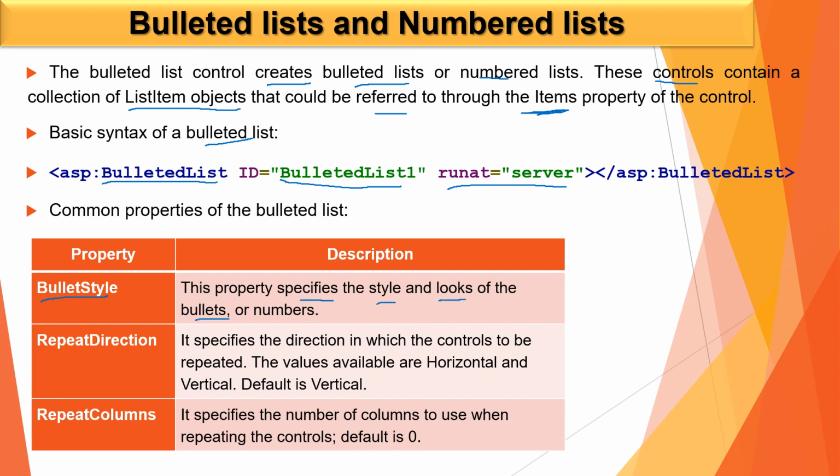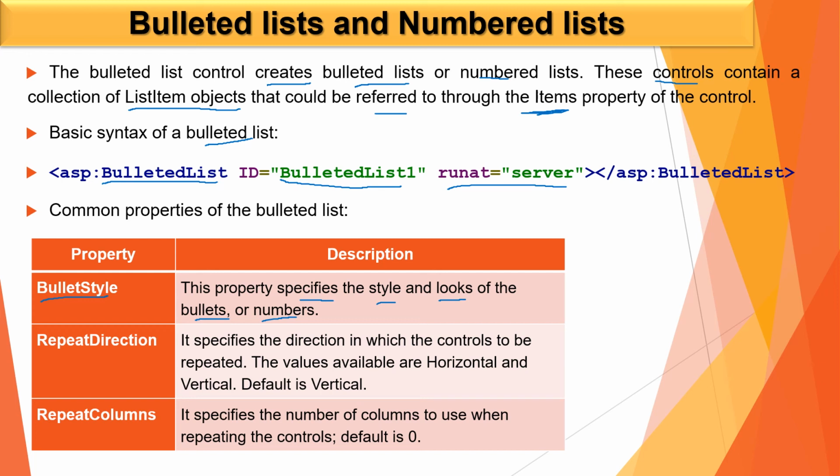So you can use the bulleted list or numbered list in our list control. You can use these properties to change how the bullet looks. Maybe the bullet is a square, or you can use numbers like 1, 2, 3 and so on.